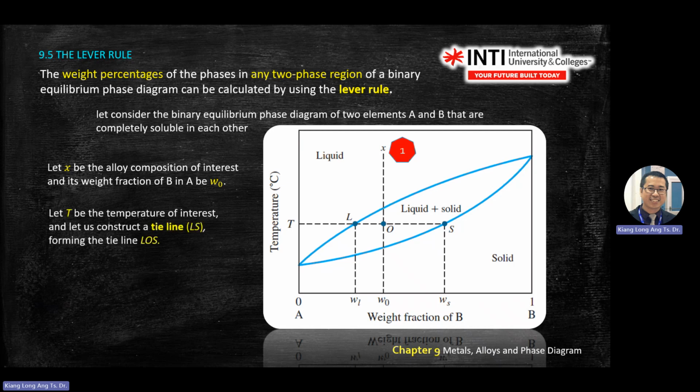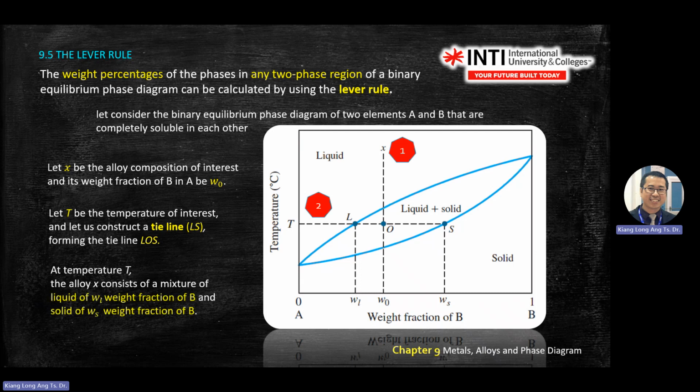So let's say point number 1, and you draw the tie line, LOS. Then at the temperature given in the question, the temperature will be fixed. So you will form a liquid percentage of WL and a percentage of WS.